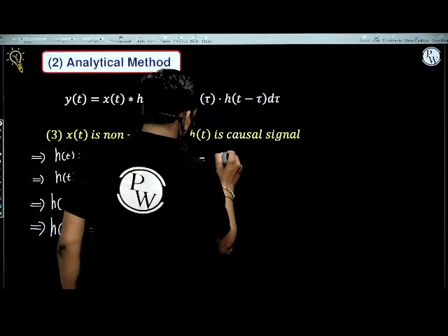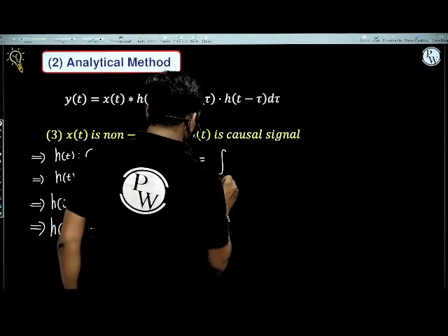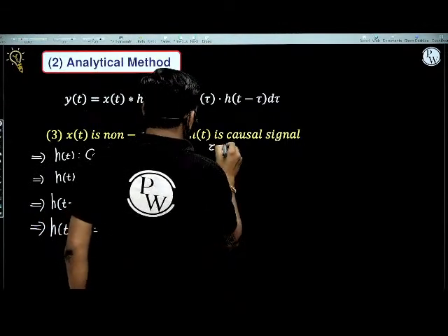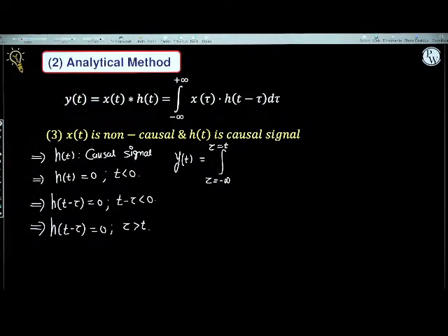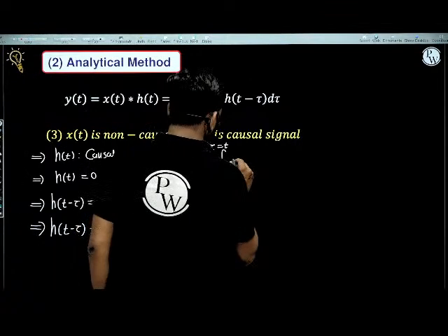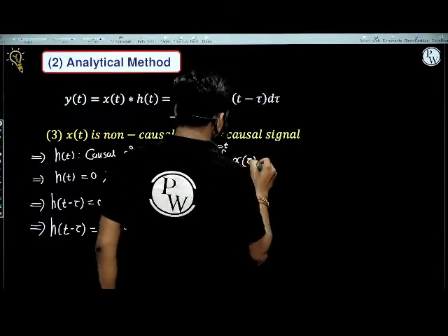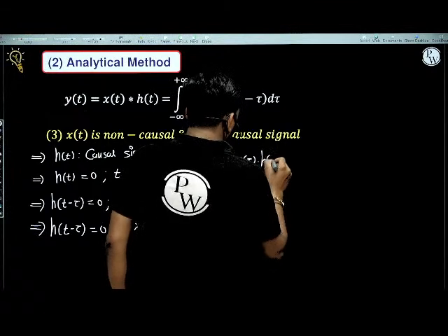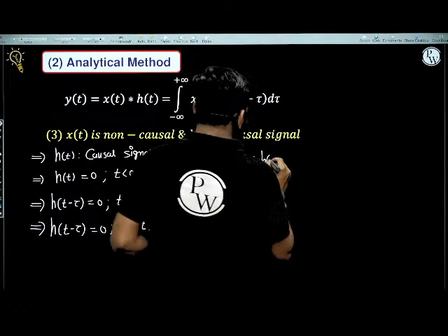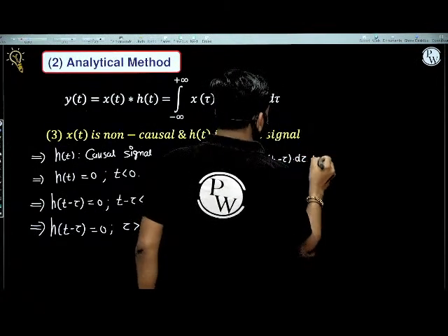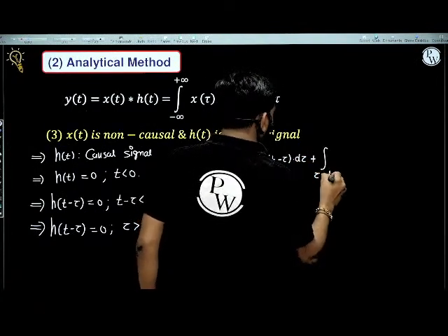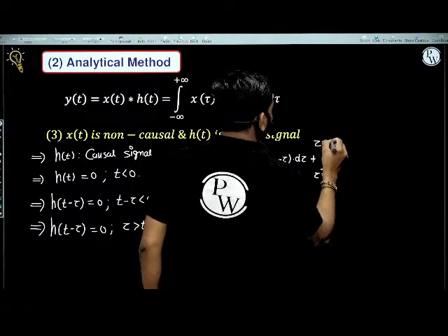Integration tau is from minus infinite to t of x of tau into h of t minus tau d tau, plus integration tau is from t to infinite.